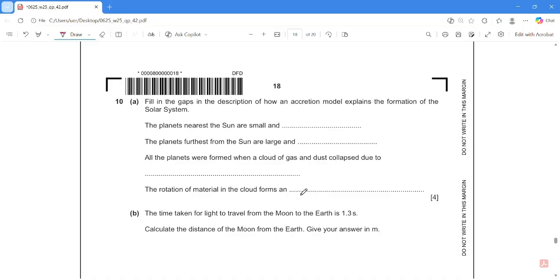So now question number 10. The planets nearest to the sun are small and rocky. So easy. The planets furthest from the sun are large and gaseous. So all the planets will form when the cloud collapses due to gravitational force.